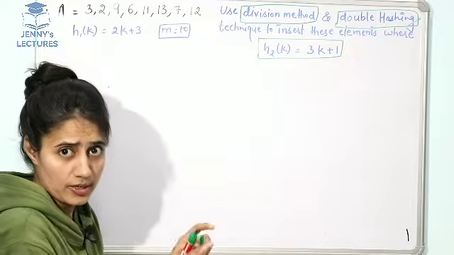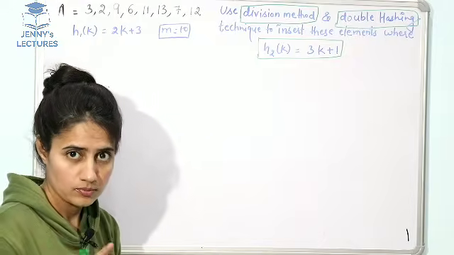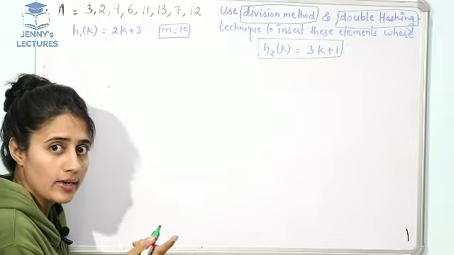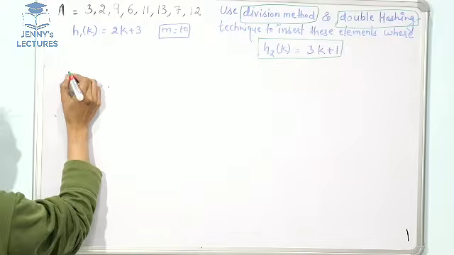In the double hashing technique, if a collision comes, then you will apply double hashing, and you insert the element where the collision comes.